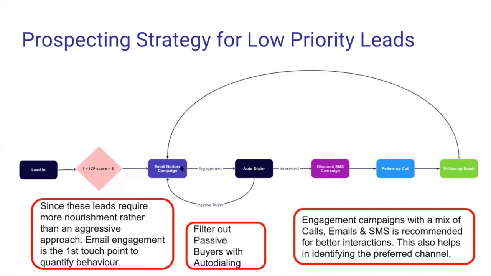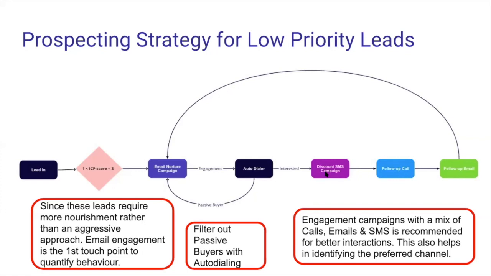Once we see any engagement, then we put them into an auto dialer situation where we try and connect with them one-on-one. And again, if there is a hint of a passive buying situation, we circle them back to email nurture campaigns. And if they're interested, we move them to an SMS campaign again.